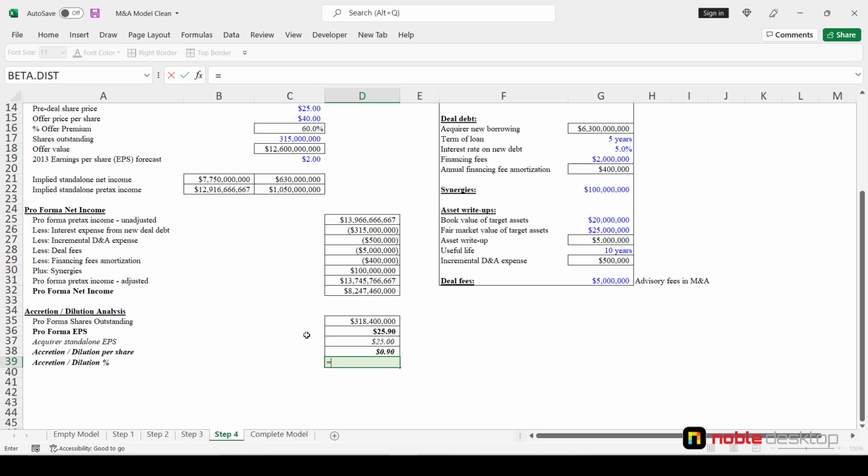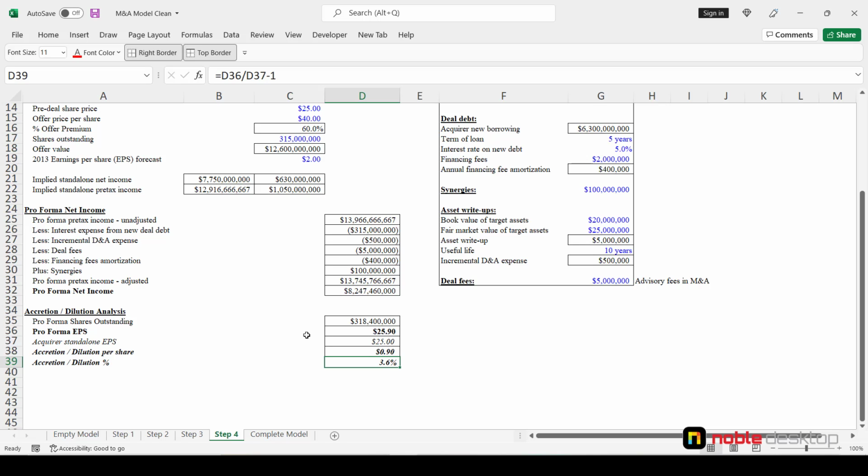I'm going to take my pro forma EPS divided by acquirer standalone EPS minus 1, and I get 3.6% of accretion. In our case scenario, it's a positive number, so there's no dilution, accretion only, and that is a good sign for the deal.